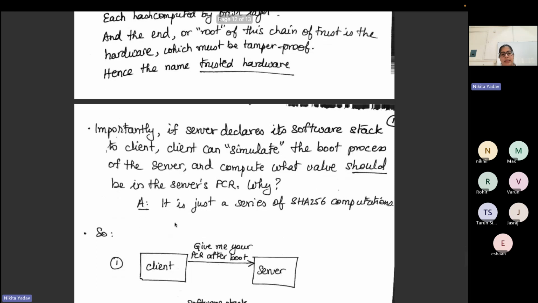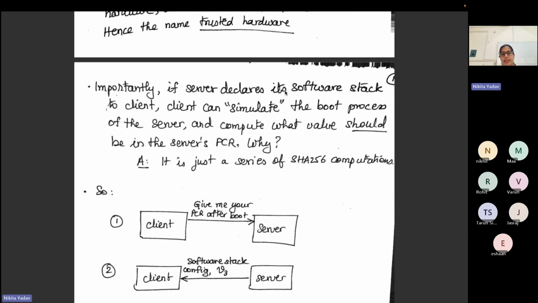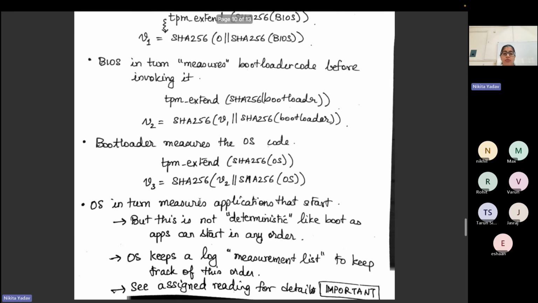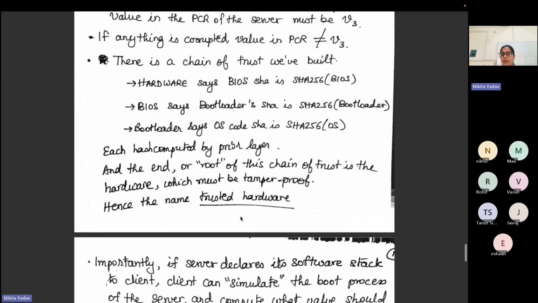Importantly, if the server declares its software stack to the client, the client can simulate the boot process of the server and compute what value should be there in the server's PCR. Now, how will the client do verification? What we discussed so far was the proof generation step.